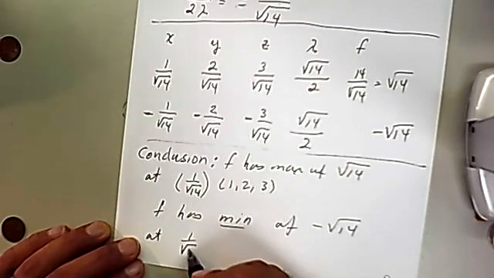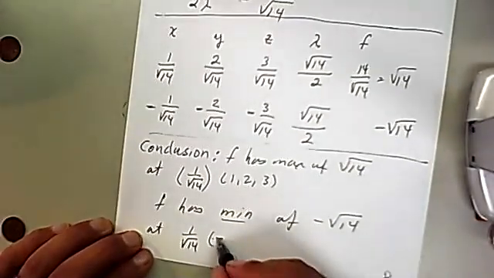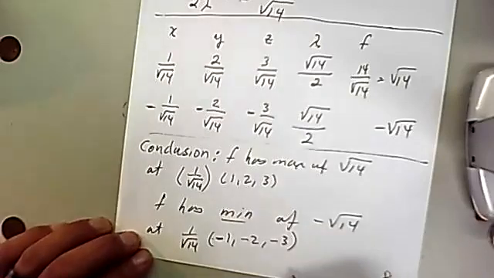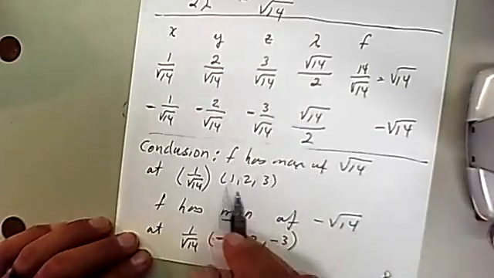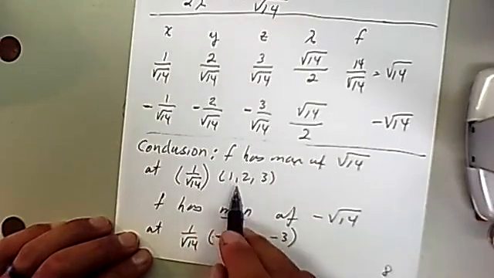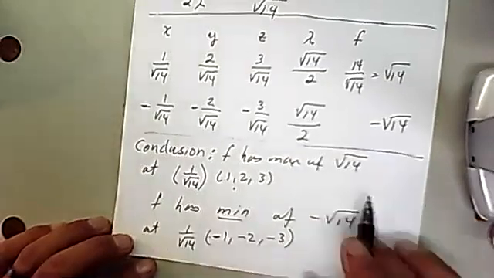We could factor the negative, but I want to emphasize that it is exactly in the opposite direction on the sphere. So this point, including this vector, belongs to the sphere, and they're on opposite sides of the sphere.